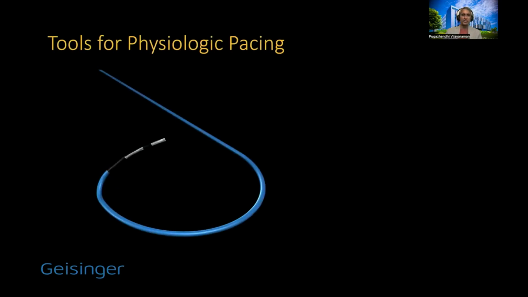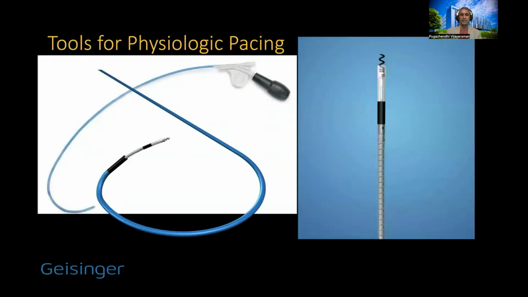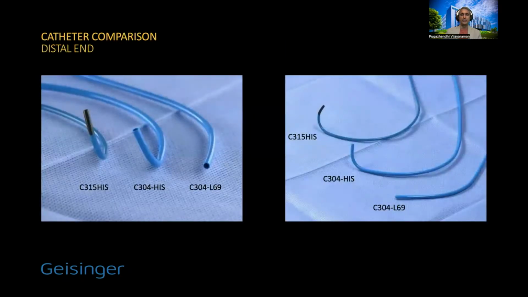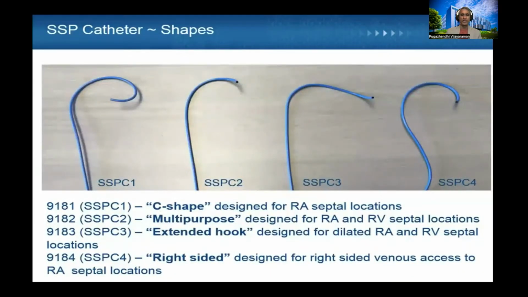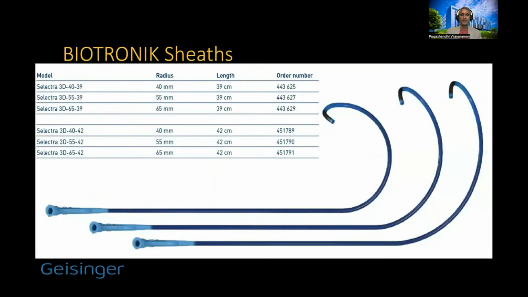Over the years, we've also been able to get better tools, predominantly the Medtronic C315 and C304 His sheaths, and 3830 leads were the ones used. Now we have a variety of different shaped sheaths from different manufacturers, allowing us to target both the His and the left bundle branch area using both lumenless leads and stylet-driven leads.